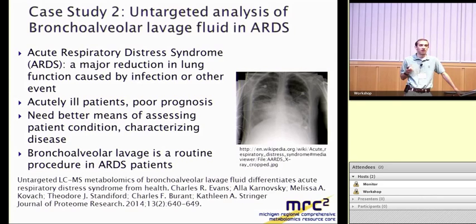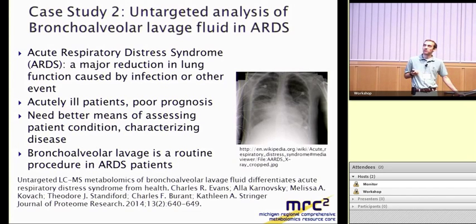In spite of a substantial amount of study, the actual condition itself is not fully characterized, and there's a lot that's unknown about what causes it, and what tells you something about prognosis and treatment. There's a lot of active research going on in that area. So better methods are needed to assess patient condition and characterize the disease.